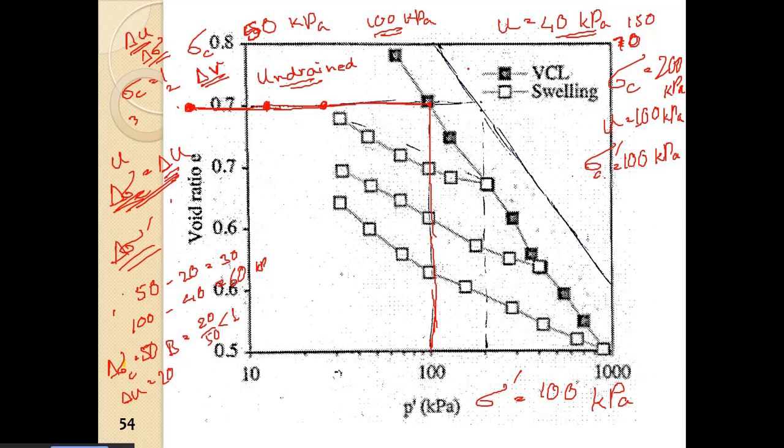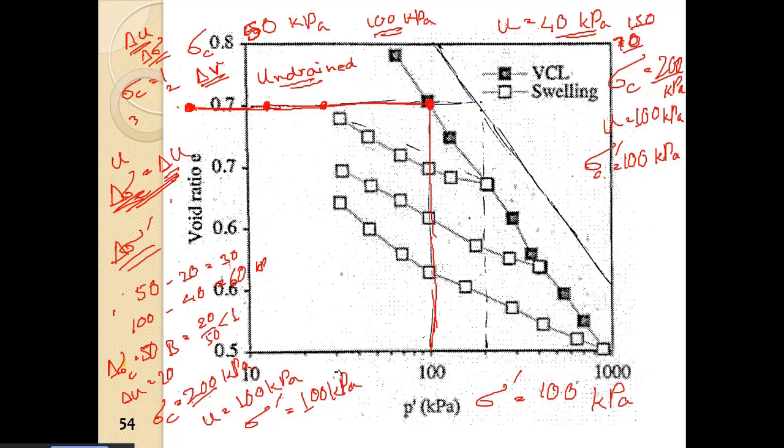Similarly, at 150 we had 70 pore pressure, and ultimately when we reach sigma c equal to 200 kPa, that is the total cell pressure of 200 kPa, we see that the pore water pressure reading is now showing 100 kPa. So the effective stress in the soil is now 100 kPa. So we have reached this condition here.